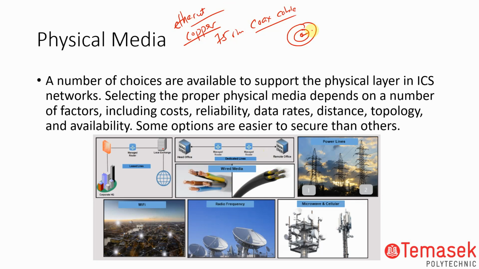Then a slightly more modern one is twisted pair. You have your modern Ethernet cable that you see, which is very small, with a plastic cover and then a twisted pair, because the pairs actually twist, so that you reduce the signal interference.